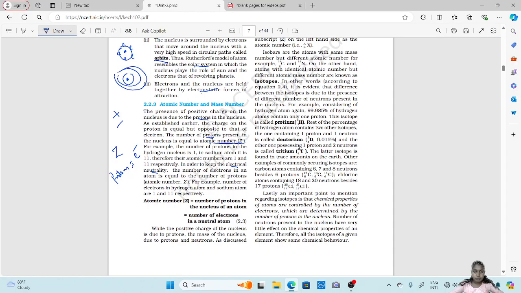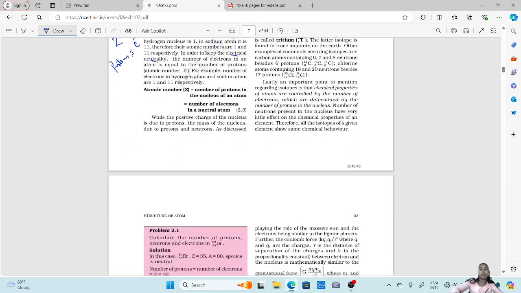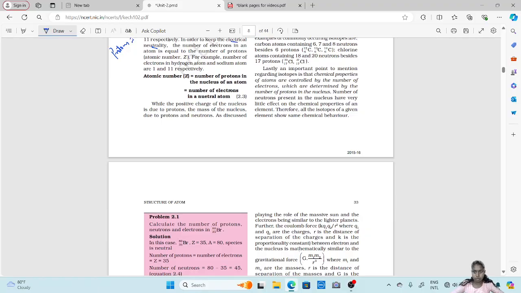If there are 8 protons, there are 8 electrons. For example, the number of electrons in a hydrogen atom and a sodium atom is 1 and 11 respectively. So the atomic number equals the number of protons in the nucleus of an atom, or the number of electrons in a neutral atom, because the number of protons equals the number of electrons.